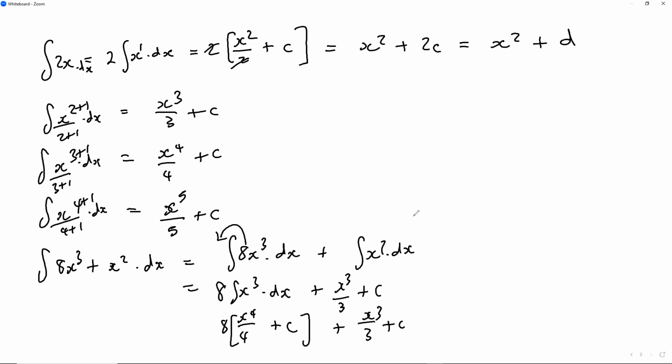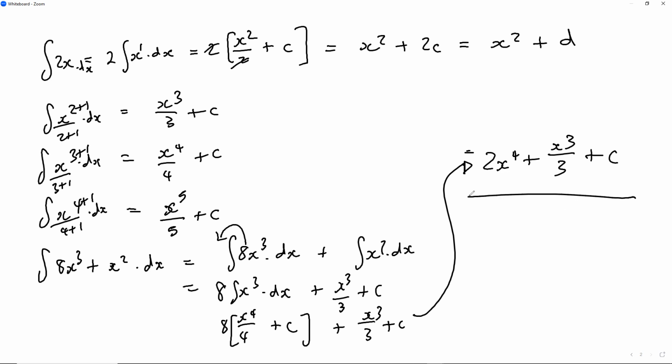And we can just combine all the c's together. This would then simplify: 8 divided by 4 is 2, so 2x to the power 4 plus x cubed over 3, which stays as is. And then the two constants could become one big constant. Just keep it as c there.